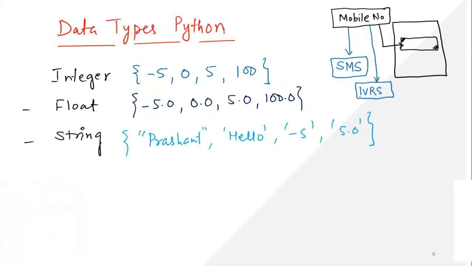Let's say you are doing some shopping and you want to enter your credit card or debit card number. Soon you get the OTP in the form of an SMS, or whenever you are going for verification, you have the option of either getting the SMS or an automatic call. So that is the service you are designing as a programmer.